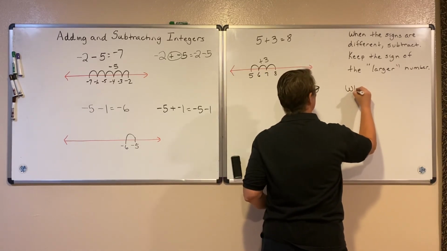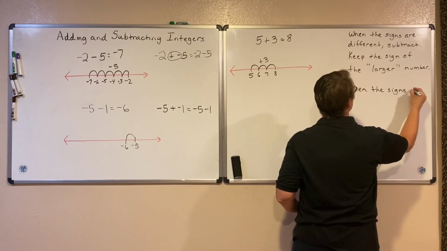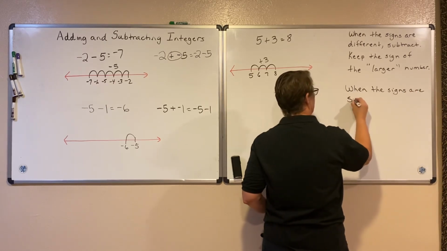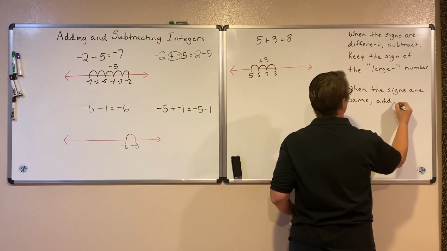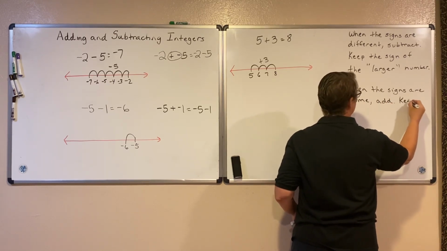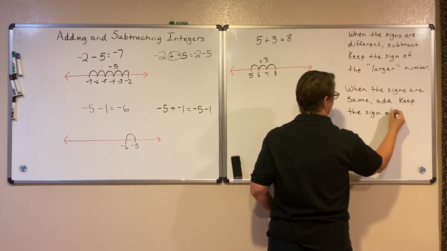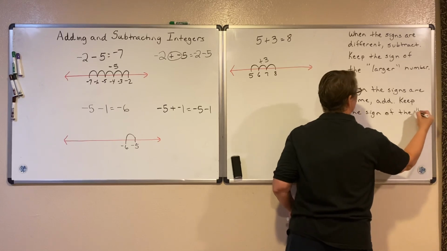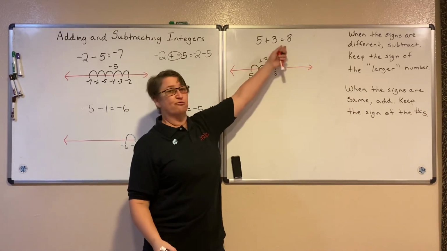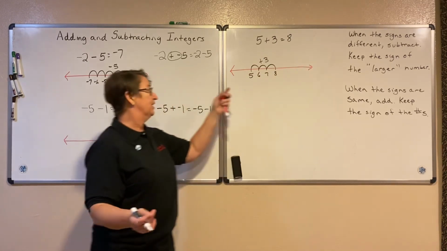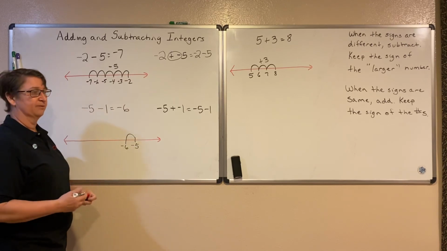So when the signs are the same, we add the numbers and keep the sign of the numbers. Because if I'm in positive land, I move further to positive land, I'm still in positive land. If I'm in negative land and I move further into negative land, I'm still in negative land.